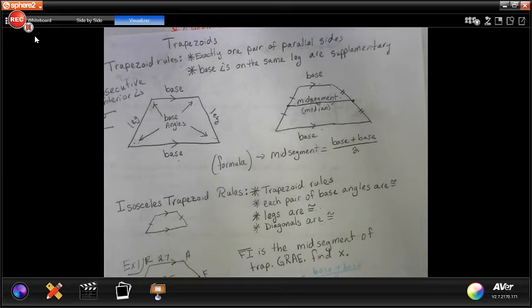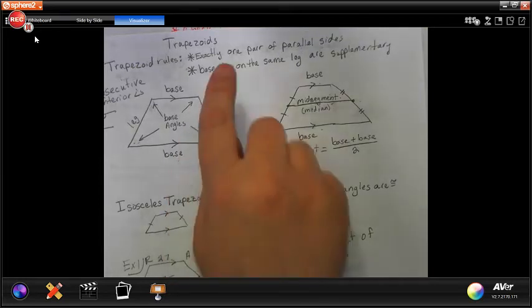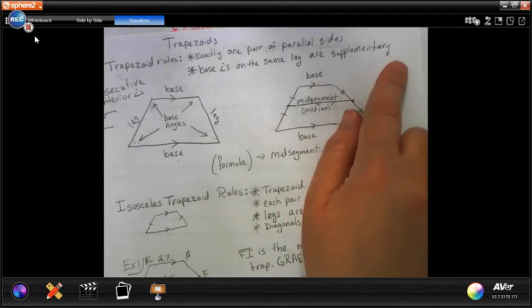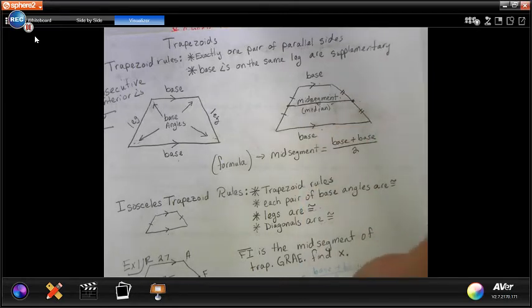And we're talking about angles. It says base angles on the same leg are supplementary, so that might help a little bit. We also know, since it's isosceles, each pair of base angles are congruent.